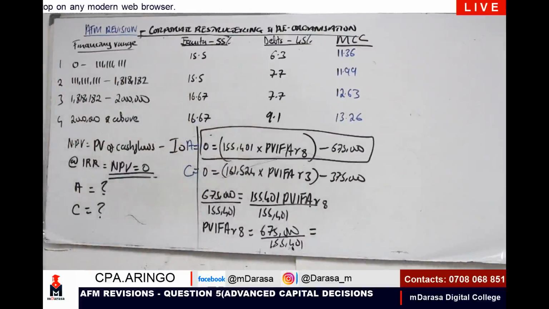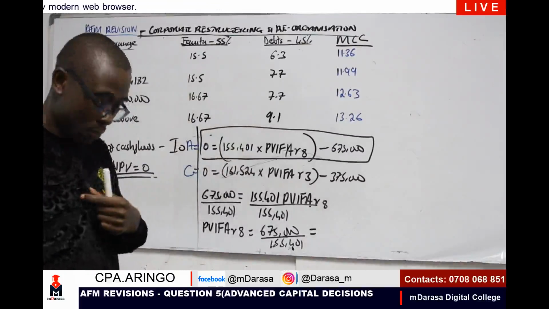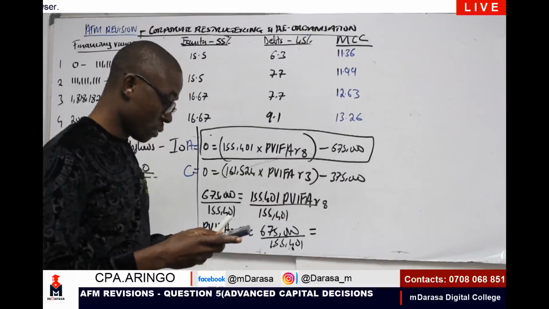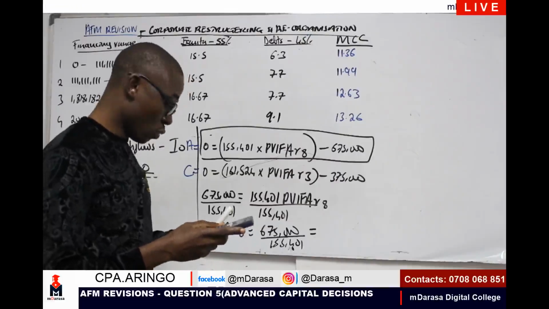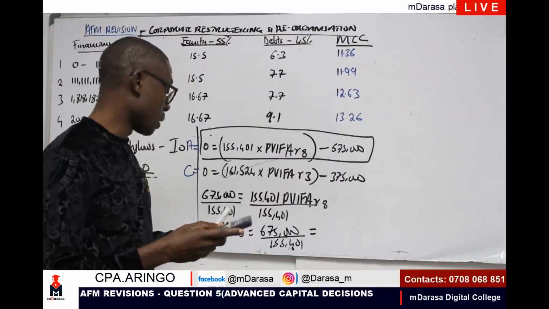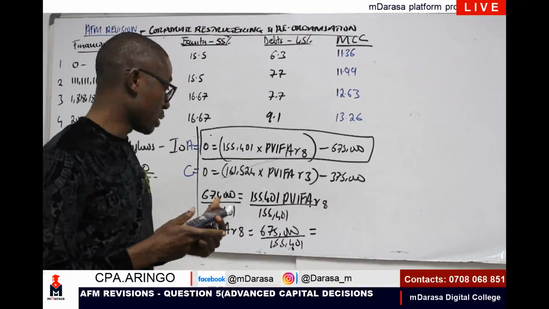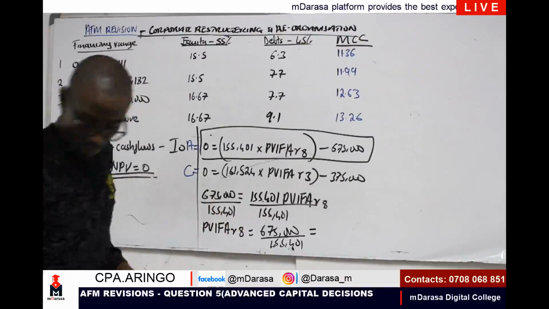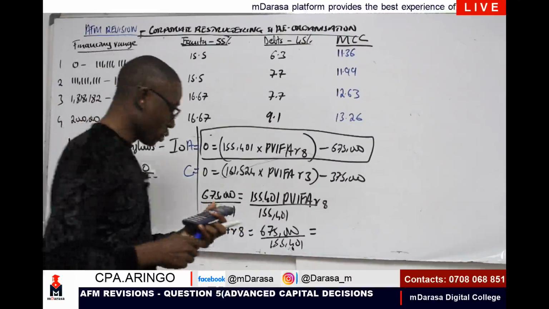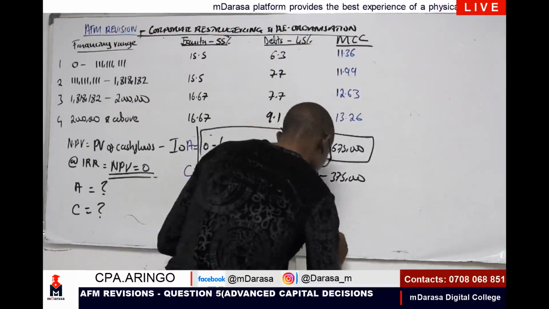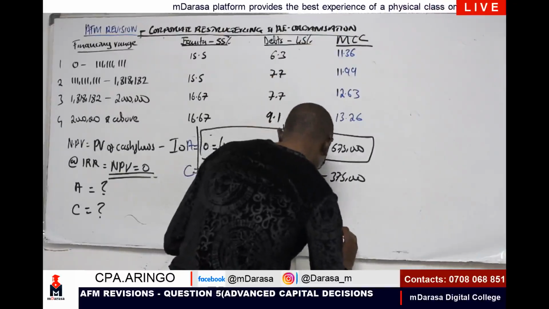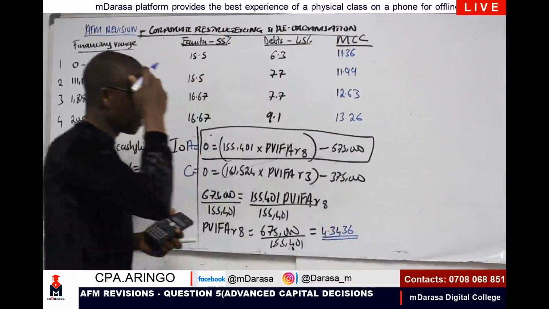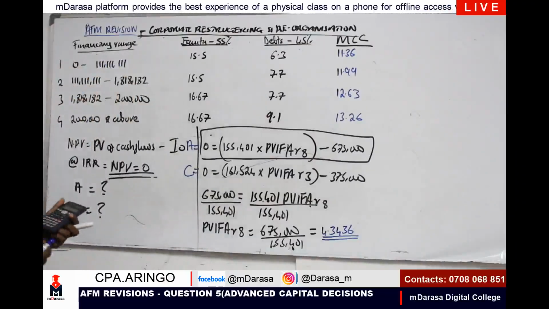So you must be having your table now. You should be having 675,000 divided by 155,401, which I'm getting 4.3436. So check this value in your table where you are looking at period 8.